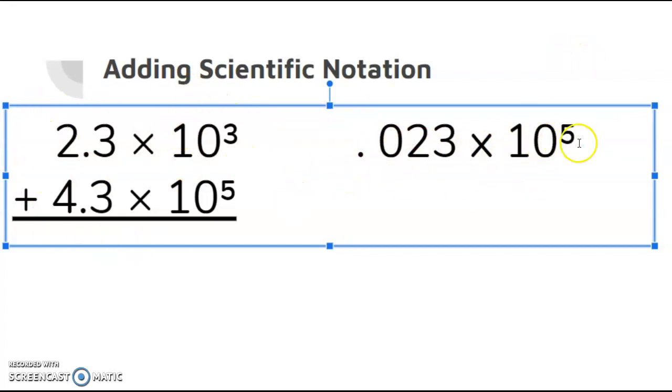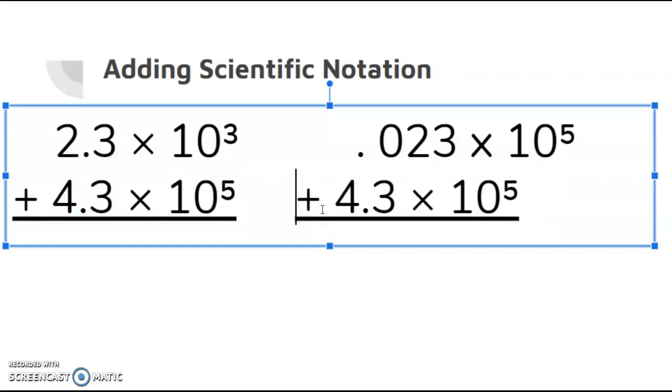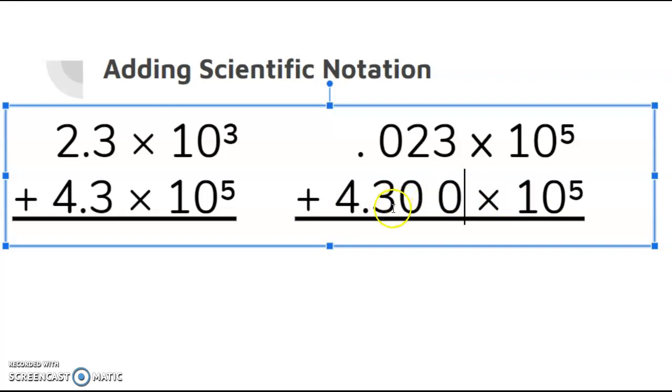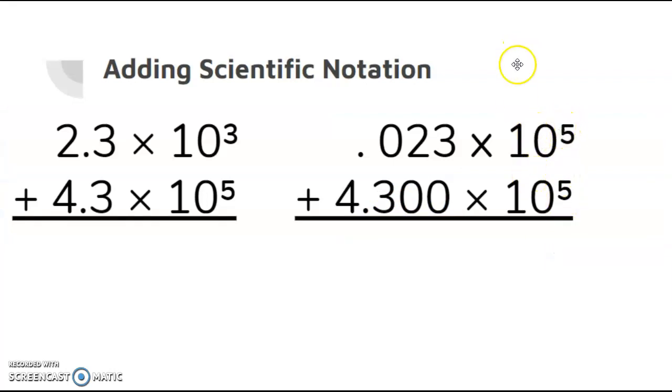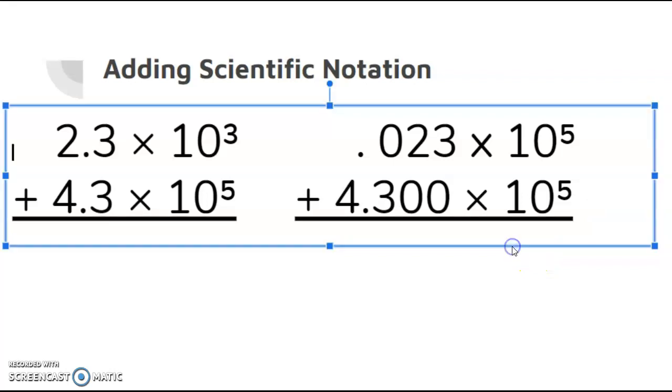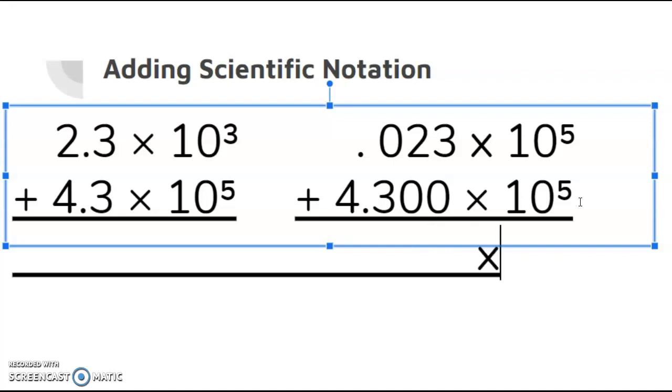So now that this is in base 10, power of 5, I can just add it to the other number. And we're going to line up our decimal just to make sure that our decimal is in the right place, and we'll put some placeholders in there to make sure that our numbers are in the right place. And now we're just going to add them together as normal. When the bases are the same and the powers are the same, this will be times 10, and the power is 5.